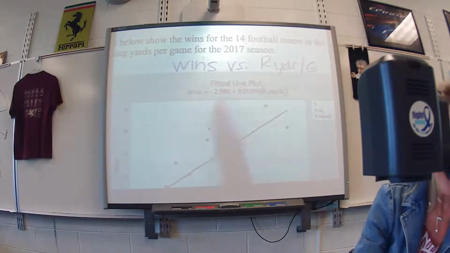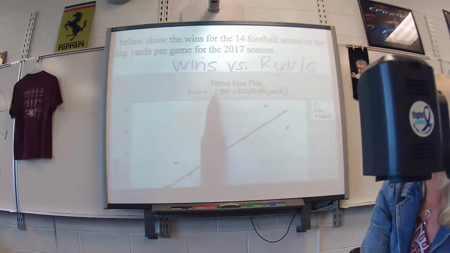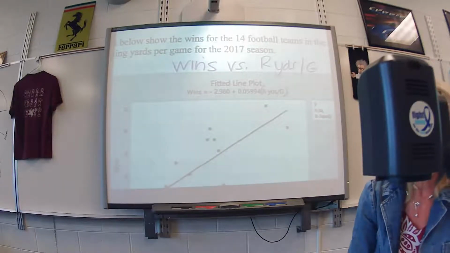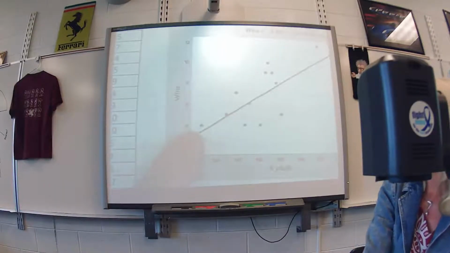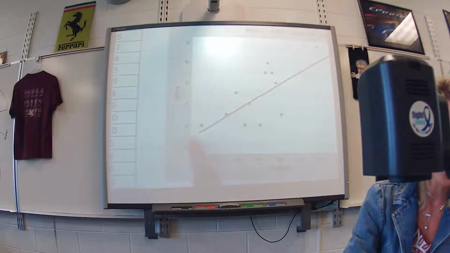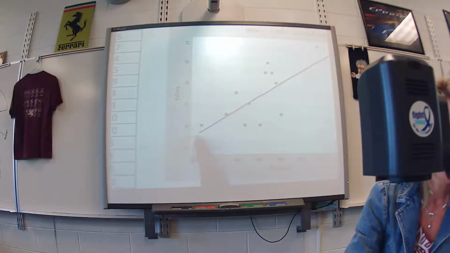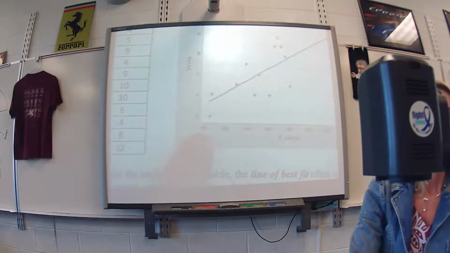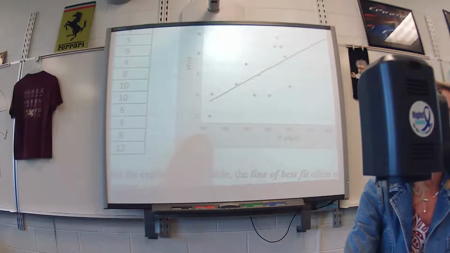I also want to point out this y-intercept is negative 2.98, so about negative 3. Does that line look like it's touching at negative 3? No, doesn't it look like it's going toward positive 3? Look at the x-axis scale.